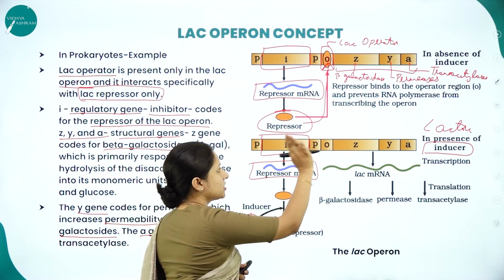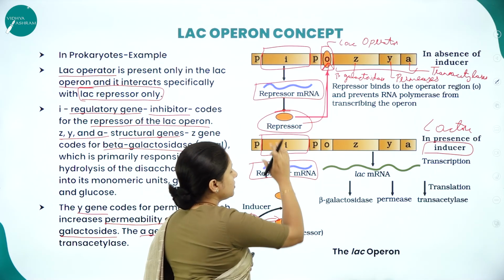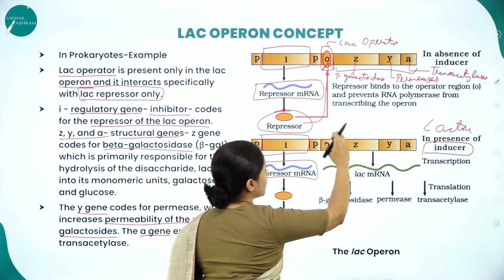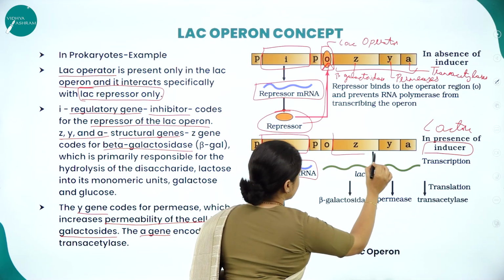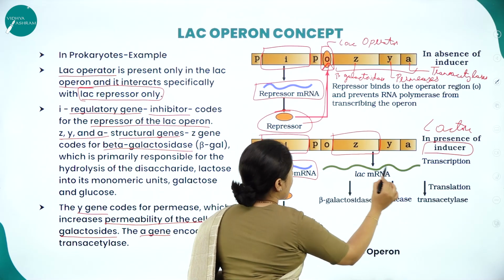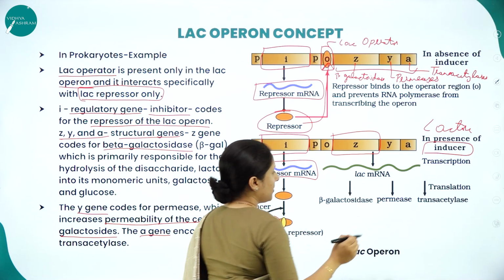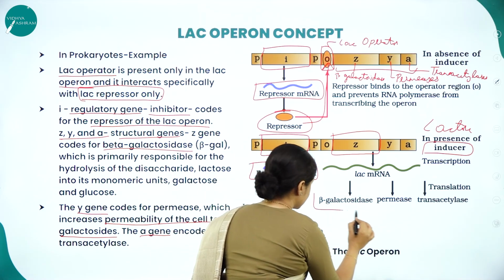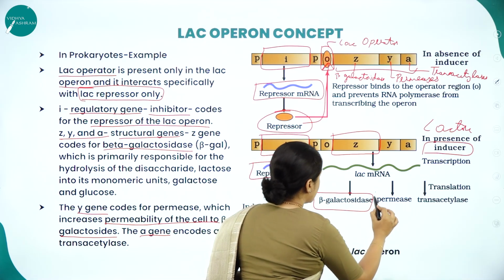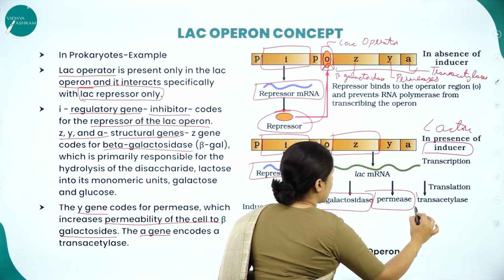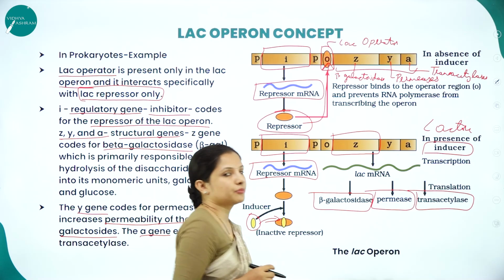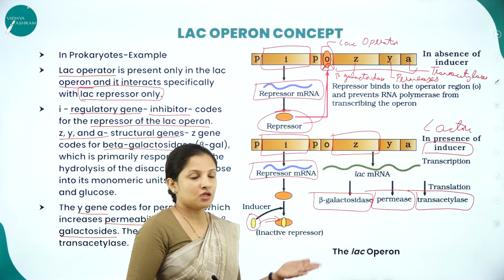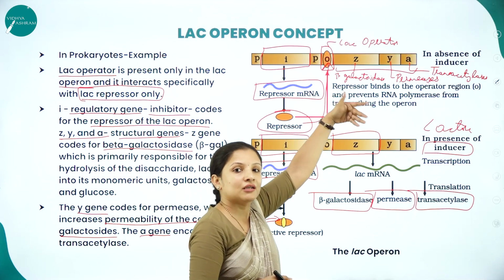Now, the operator region is free, and therefore the RNA polymerase enzyme will start reading the strand. When it reaches here, it will start producing the mRNA, which is lac mRNA. So the lac mRNA will get produced, and the beta-galactosidase enzyme will get produced, the permease enzyme will also get produced, and the transacetylase enzyme will also get produced during the process of translation. In the repressed case, translation will not take place at all.